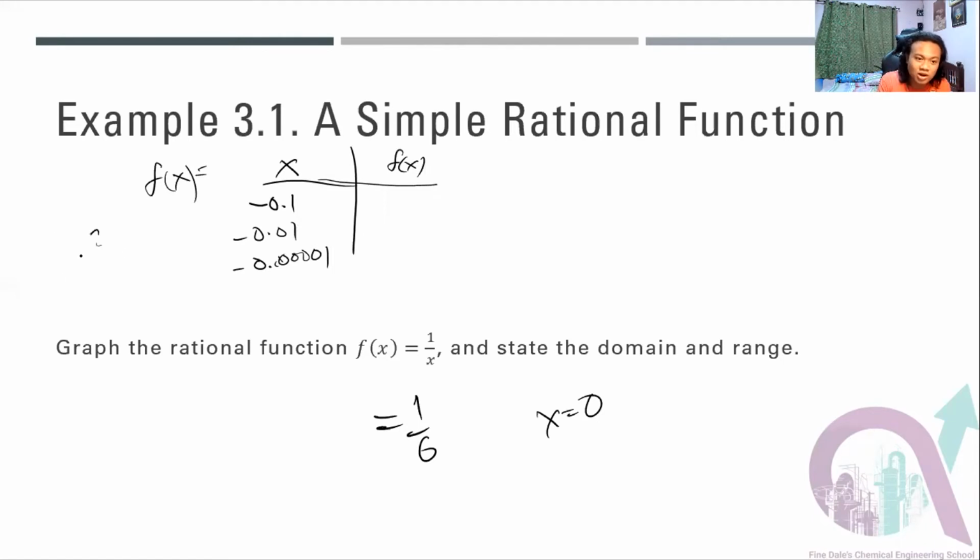So, if we approach 0 from the left, meaning kung left, negative. Approaching 0. So, makikita natin na ang value ng f of x ay negative 10, negative 100, and negative 100,000.